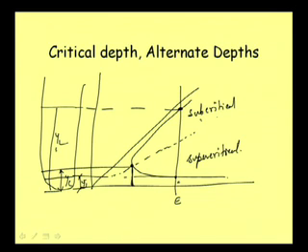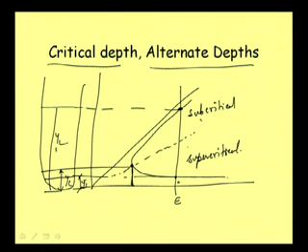Well, now these are some of the points that we have discussed, that is the critical depth and alternate depth. Now, there are some relationships between this critical depth and the alternate depth.